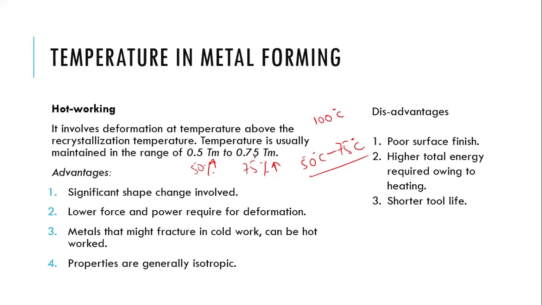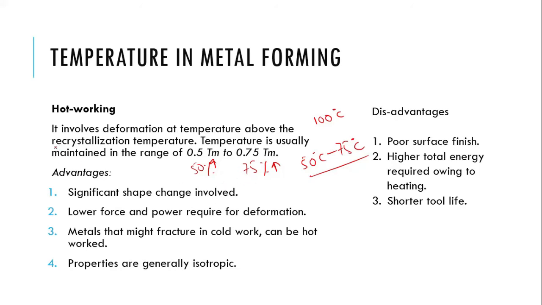So if we heat the material to 75% of the melting point, plus there's heat generation from deformation, there's a possibility that the material might reach the melting point temperature and start to melt. That is not our objective. That is why we heat it from 50% of its melting point to 75% of the melting point. And why do we heat it to such a high temperature?